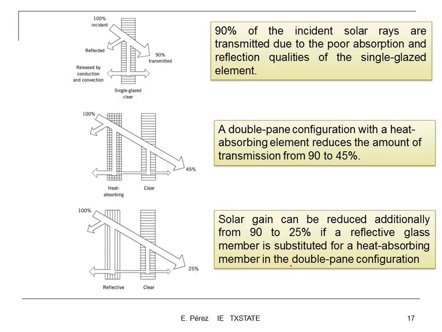So all these things are important design concepts that you can take into account. And again, it's going to depend on what's the temperature that you're going to require within your facility, and how much you're going to save in terms of adding these elements in your facility.